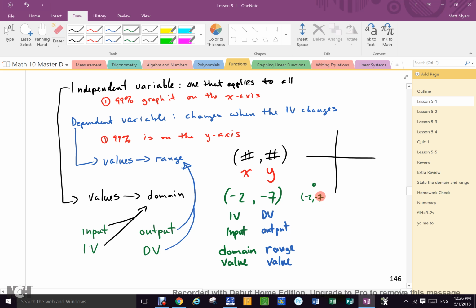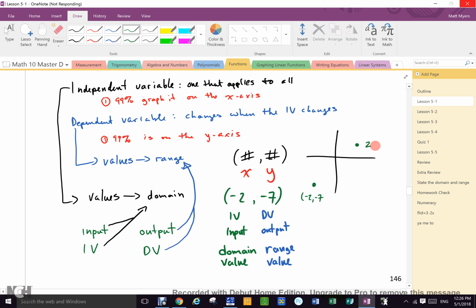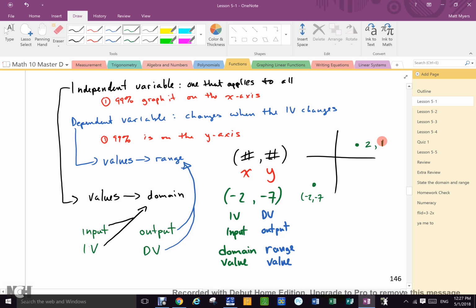Everybody cool? All right. Now I'm going to put another dot on here at 2, 1. What is this? That is an input, x, and domain value. What is this? A dependent variable, a range value, an output, and a y.